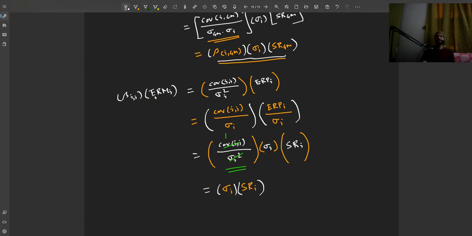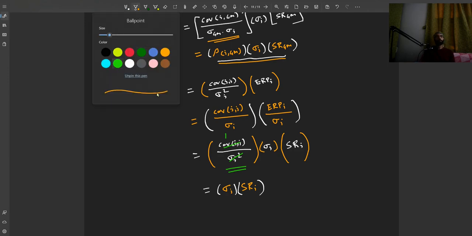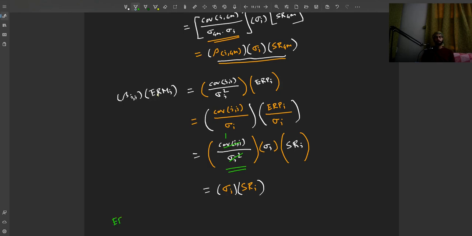Now we can rewrite the Singer-Terhaar equation like this. Equity risk premium according to the Singer-Terhaar model is equal to, the first part is the level of integration multiplied by the correlation of I with respect to global markets, multiplied by the standard deviation of I, micro market I, multiplied by the Sharpe ratio of the global markets.